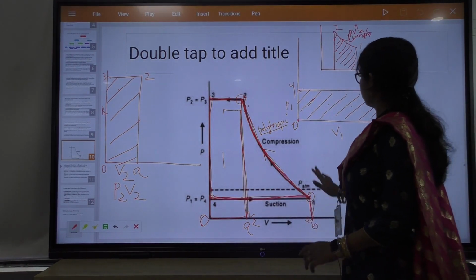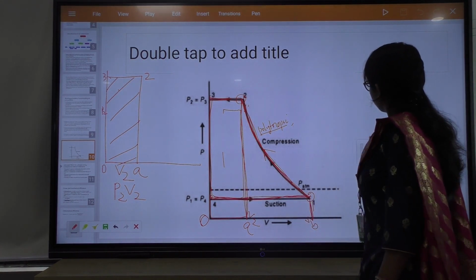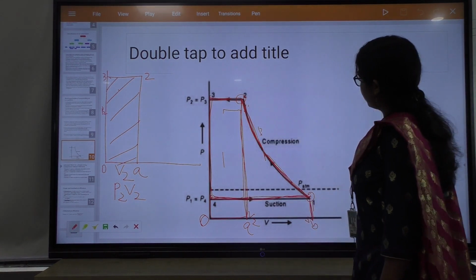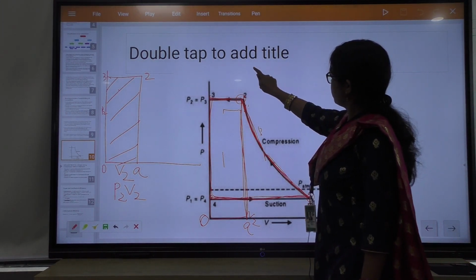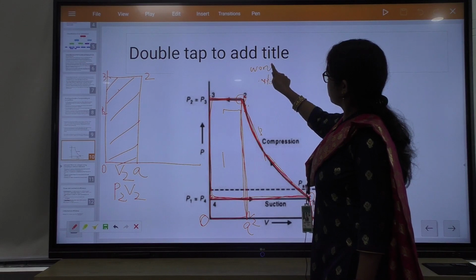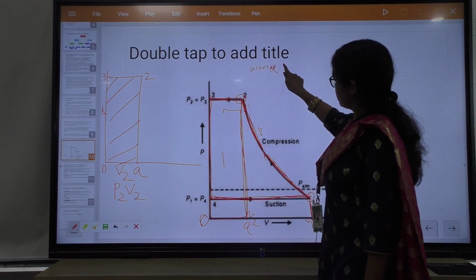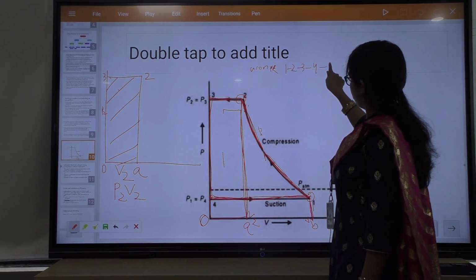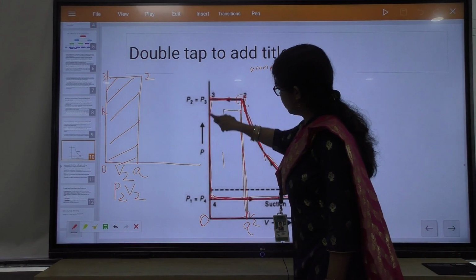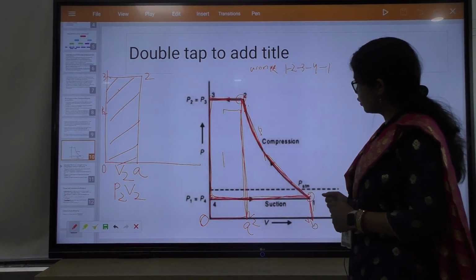That means, to find out the net work. Net work is the work that is 1, 2, 3, 4, 1. This is our requirement.